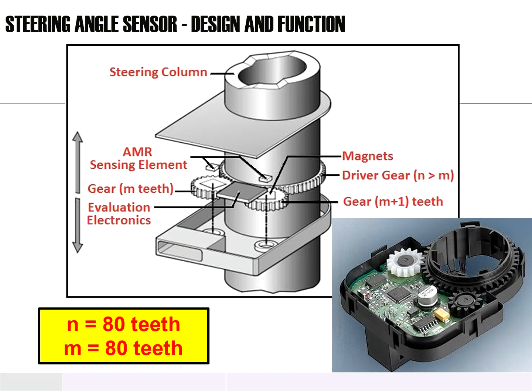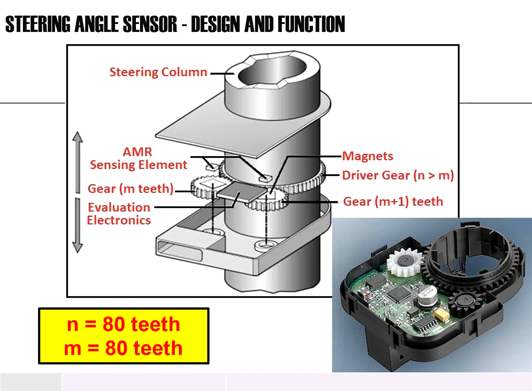The basic purpose of this sensor is to measure or determine how much the steering wheel has rotated and in which direction it has rotated. This information is very important for several electronic control unit systems. The sensor therefore acts as an interface between the driver steering input and the vehicle's electronic control system.